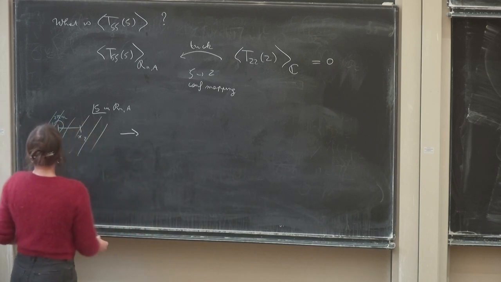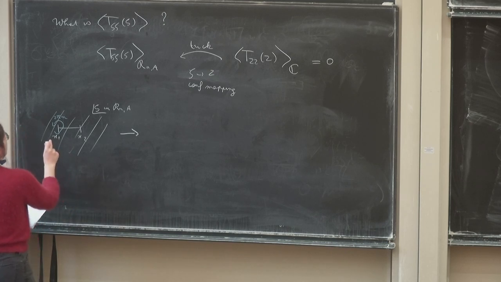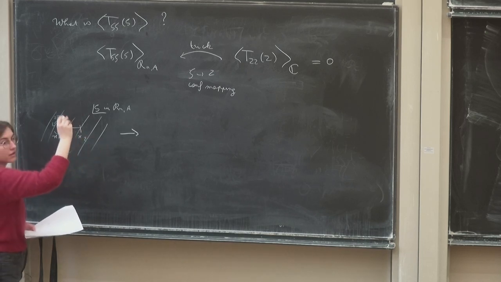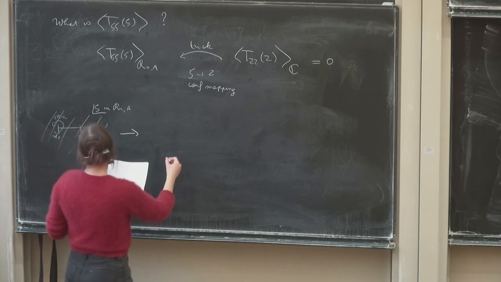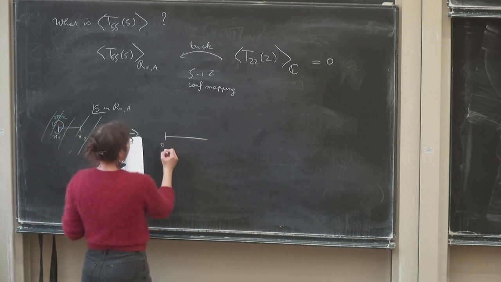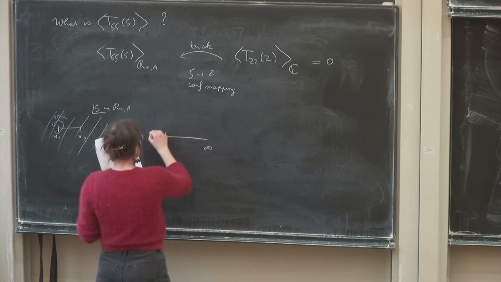First, let's do a conformal mapping which maps the left point of the interval to the origin and the right point to infinity. So our interval becomes the infinite half-line instead of the finite interval. I have my left point at 0, the other one at infinity.